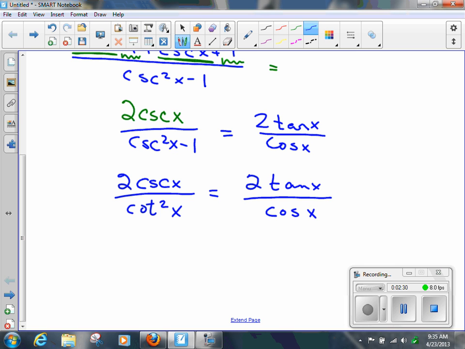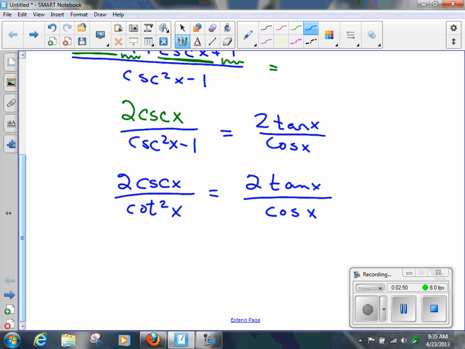However, now I have a cotangent on the left. I have a tangent on the right. Something ought to work itself out. So here's what I do. And you may not have gone about this problem this way. This is just the way I'm seeing it.